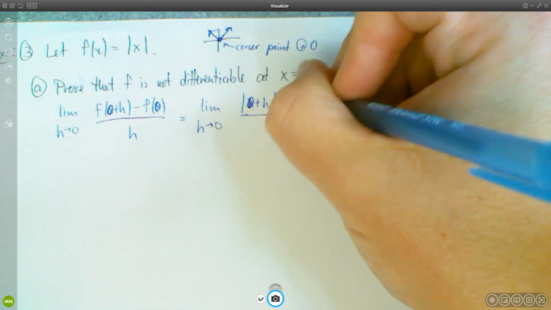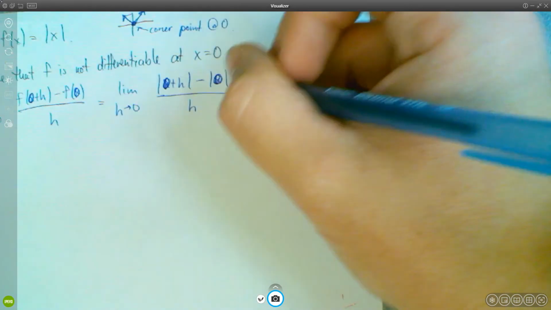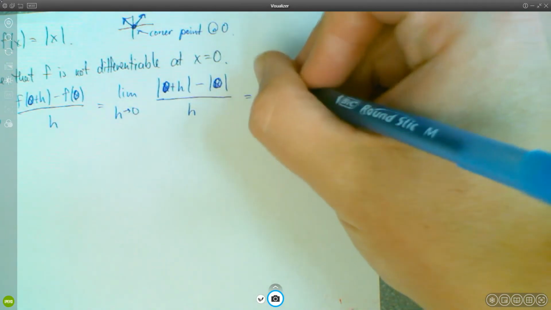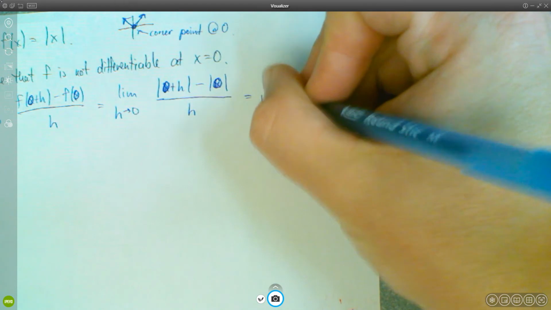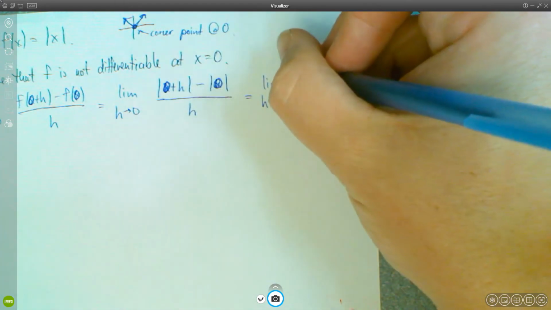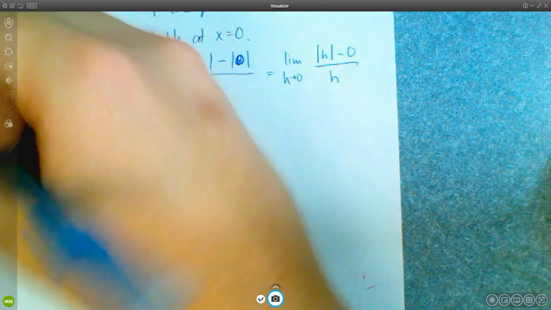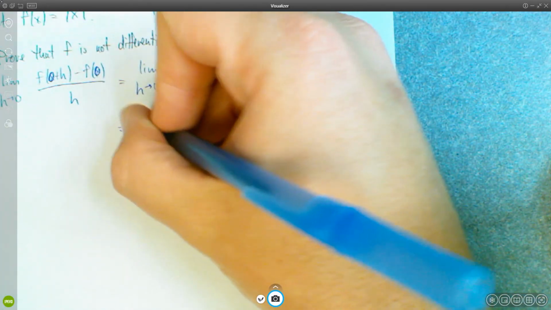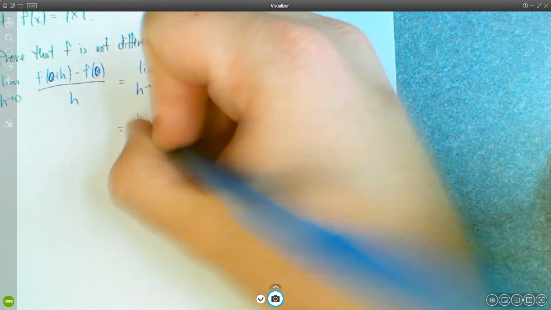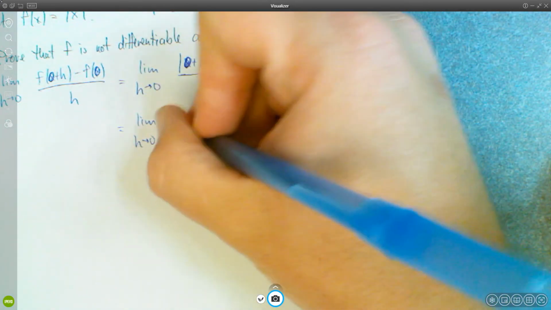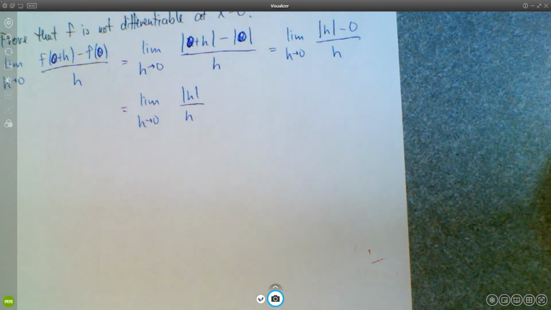That way I can avoid having to use the piecewise definition for now. Notice this simplifies quite a bit. 0 plus h is just h, so this is absolute value of h, and absolute value of 0 is 0. So it's the limit as h approaches 0 of absolute value of h over h.